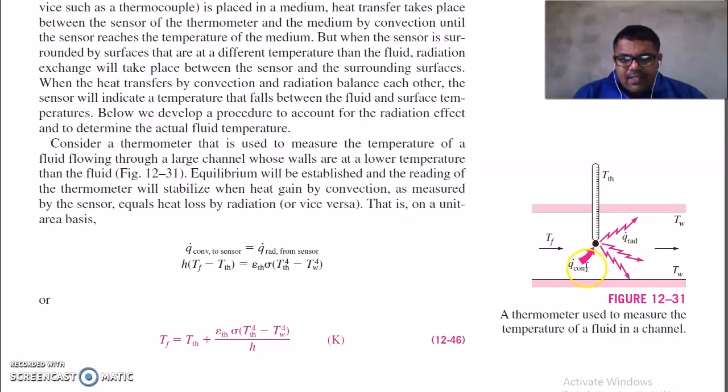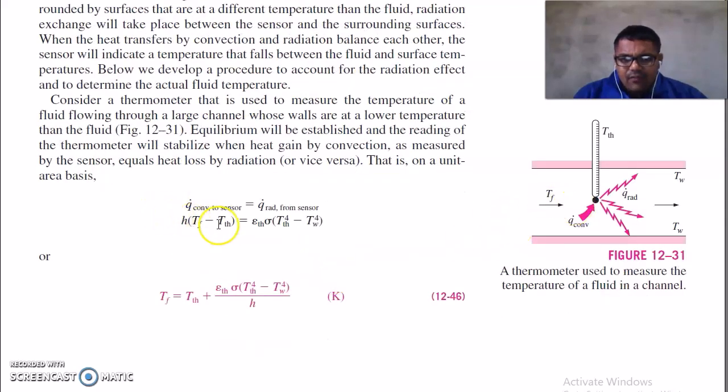So now in this case your convection to the sensor must be equal to the radiation in case of the equilibrium case. So this convection is equal to radiation. Convection is equal to h A times TF minus temperature of thermometer, and radiation is equal to temperature of thermometer minus temperature of wall, into emissivity of thermometer, into Stefan-Boltzmann constant.